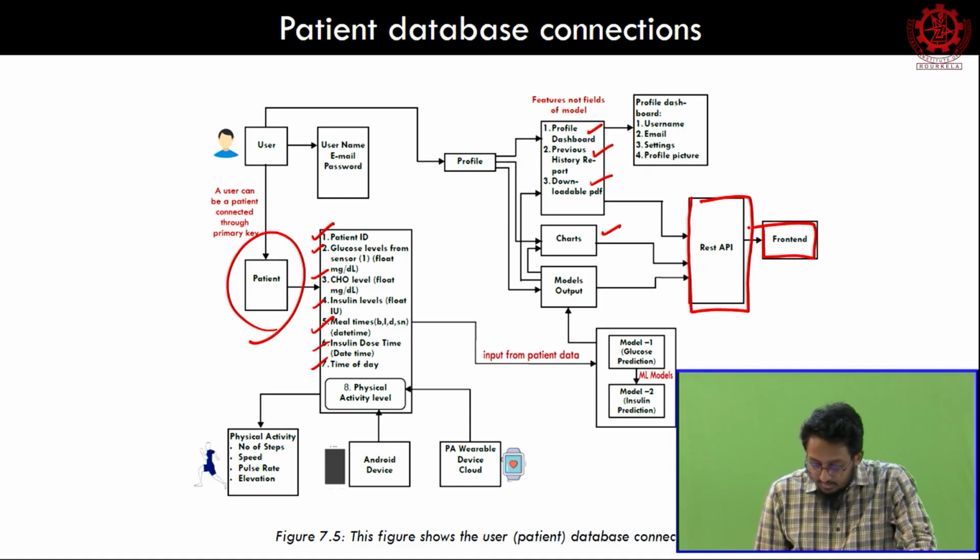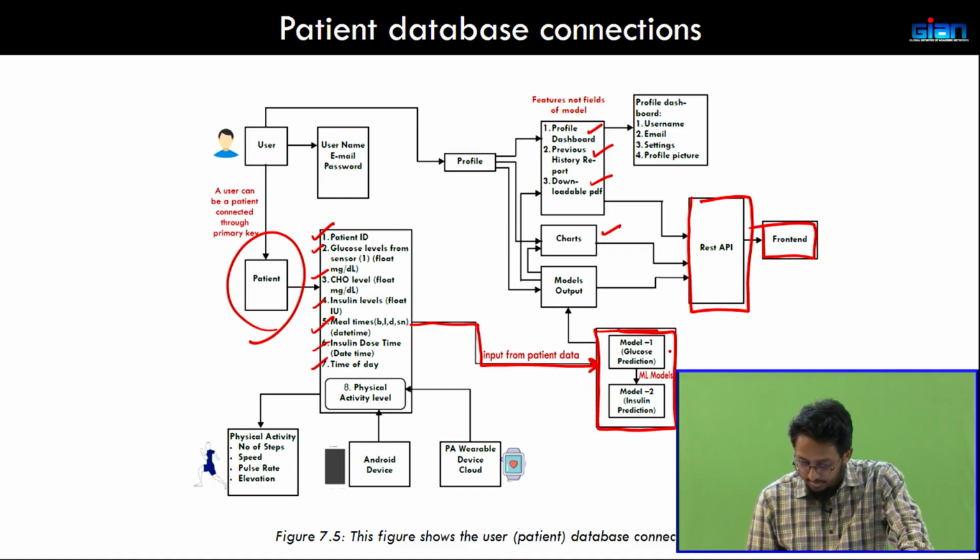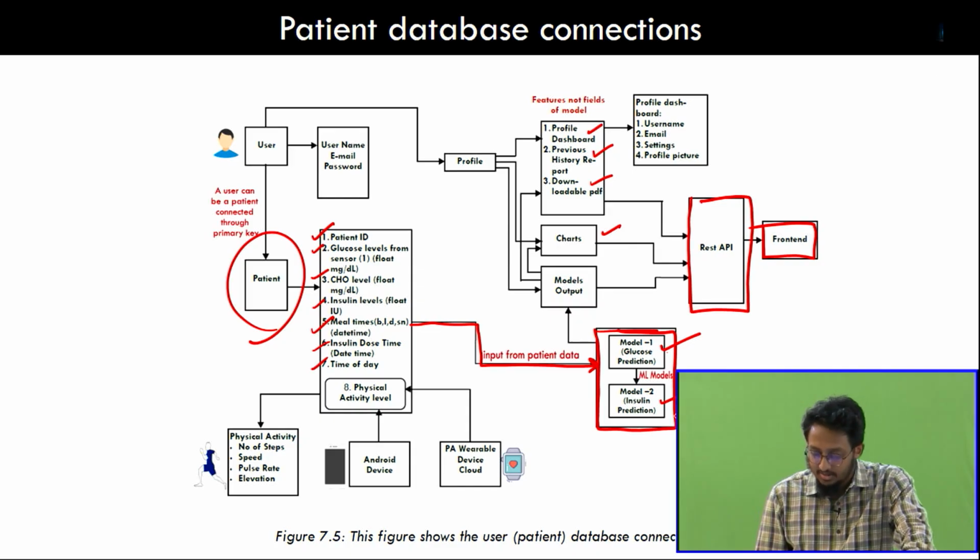Then we have different glucose forecasting models. All the patient data that is present from the mobile app, we are taking in for the glucose prediction. Currently we have two models. One is for glucose prediction, and the other one is for insulin dose prediction, and this data is again sent to the model outputs.